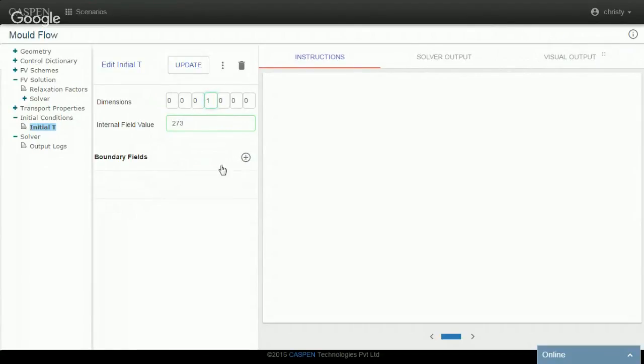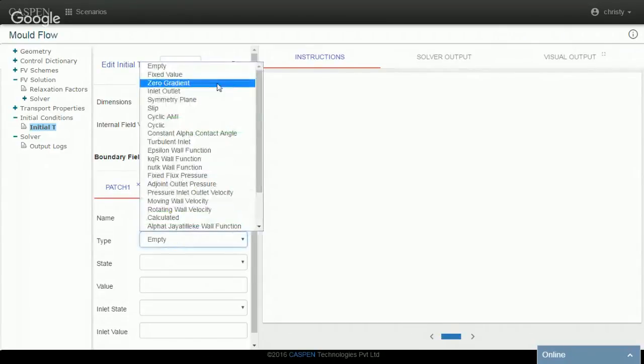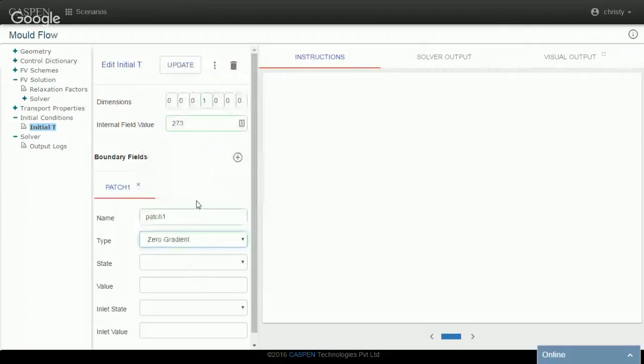So we will add boundary values, introduce the first boundary value, patch 1, which was the connecting pipes, an insulating boundary condition or zero gradient. That being patch 2.